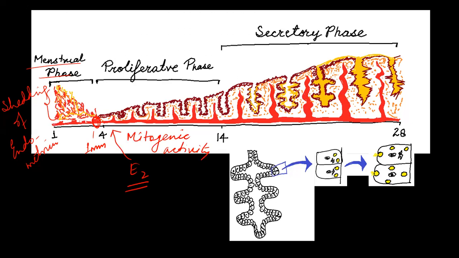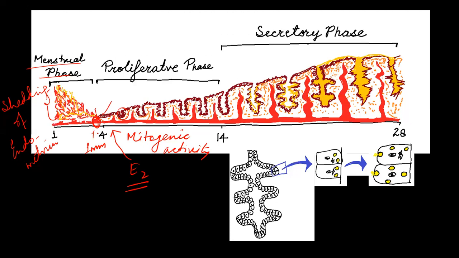This division occurs in each component of the endometrium, like in the superficial cells, in the glandular part, and in the stromal cells. So because of this cell division in the surface epithelium, as well as in the glands and the stromal cells, all the components will start growing.